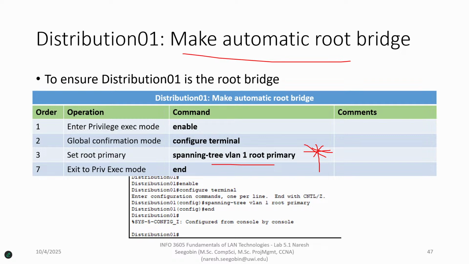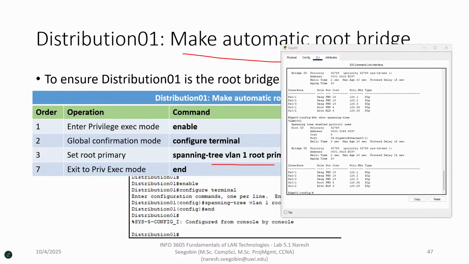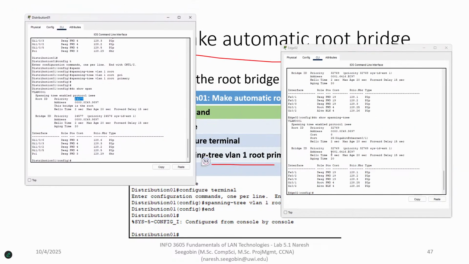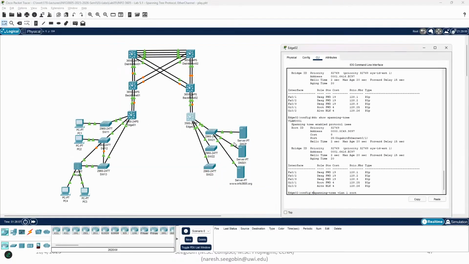So if I go to Edge 2, we're going to run spanning-tree VLAN 1, and see what is happening.